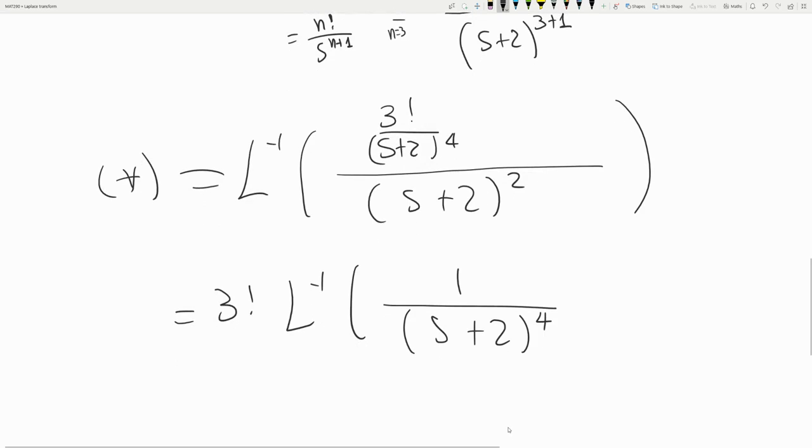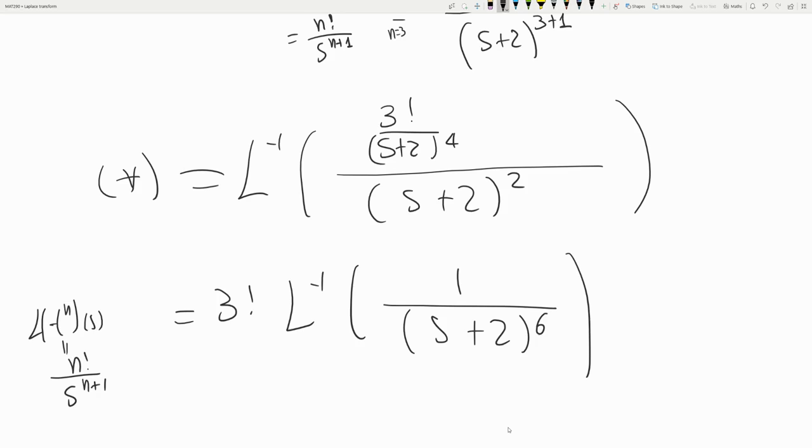So again, we use the formula, the Laplace transform of t to the n is n factorial over s to the n plus 1, but we use it for the power 6. So n would be 5. So we divide and multiply by 5 factorial.